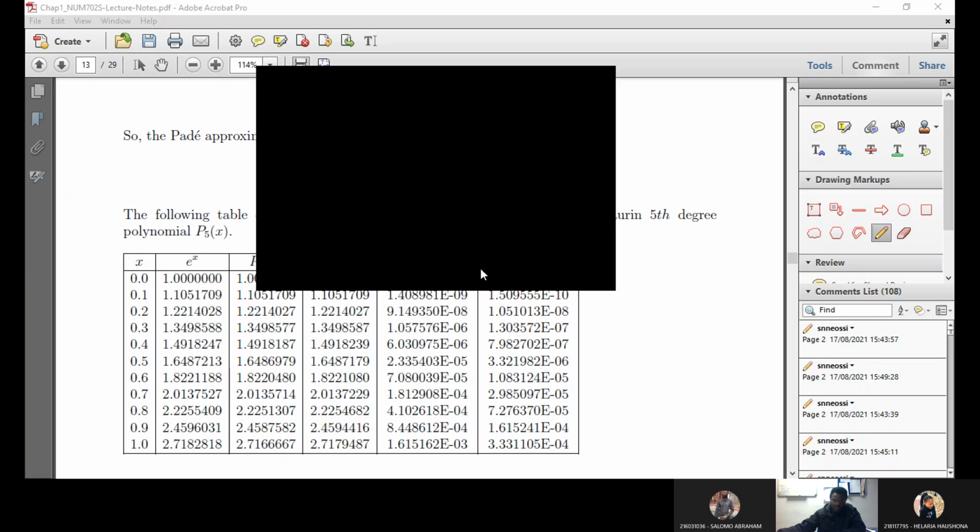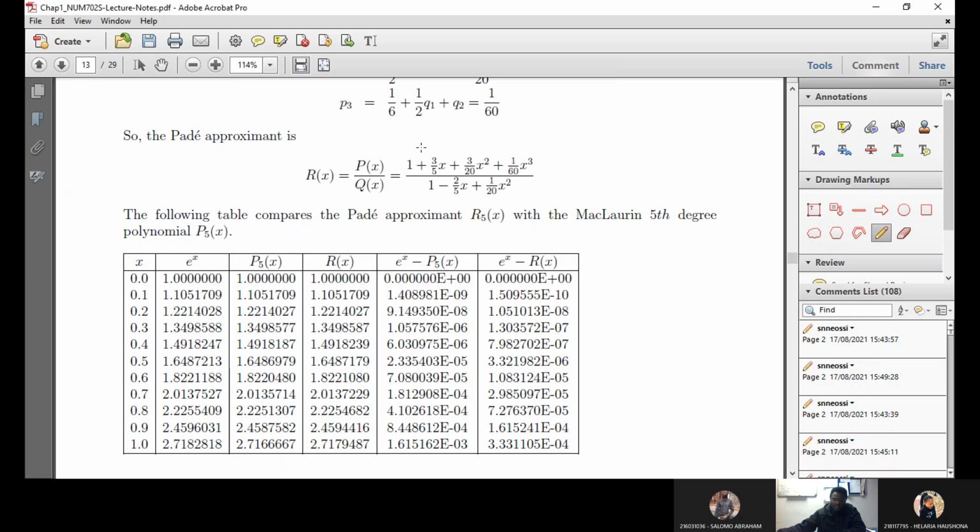That's a possibility, but the best way to solve that problem is the continued fraction. Because with the continued fraction, we'll be able to write this numerator and denominator in a form that will be simpler for us to evaluate. So that's the idea behind the continued fraction.